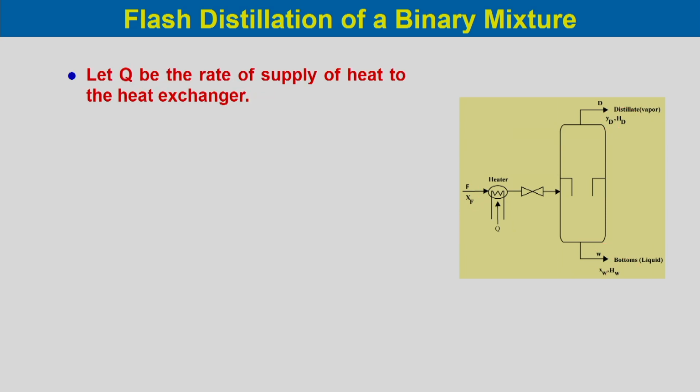Now, let Q be the rate of supply of heat to the heat exchanger. If we supply heat over here to preheat the feed to a particular temperature, we need to supply some heat to this heat exchanger.